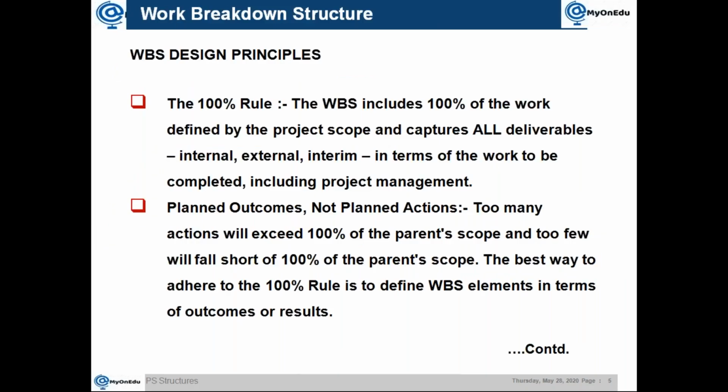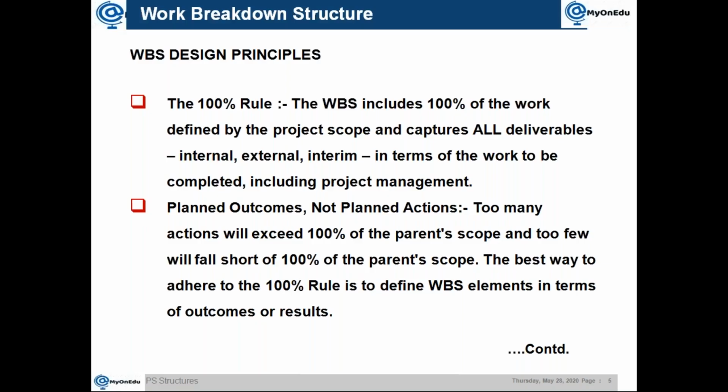Now there are some design principles that are followed. Just for design from the functional perspective, you can note it down. The 100% rule: the WBS includes 100% of the work, defining the project scope, which I already said has to be 100% of the scope. Then it should always be planned outcomes, not planned actions.